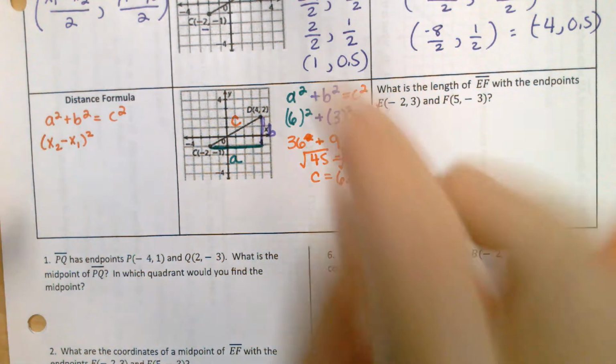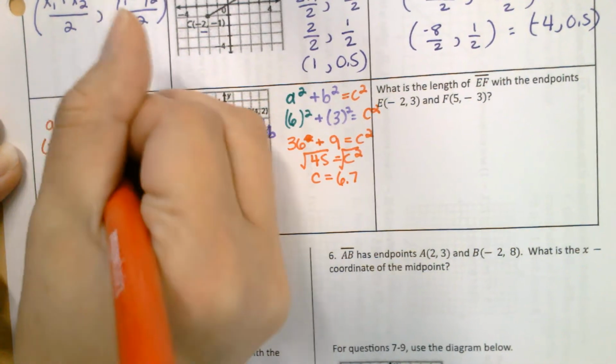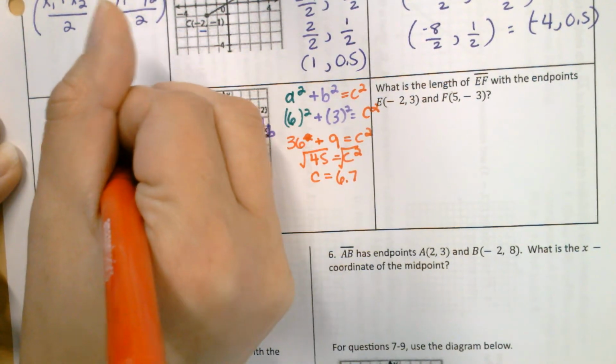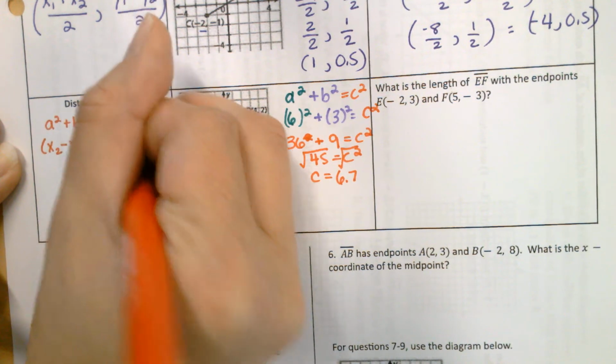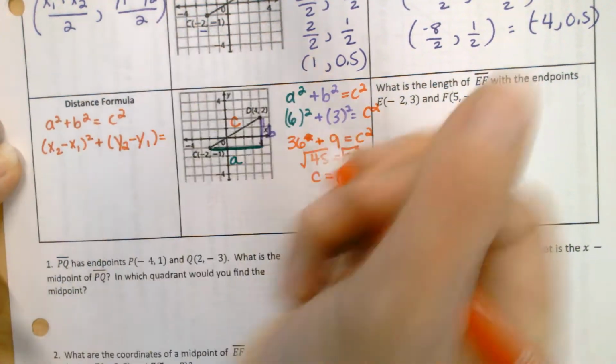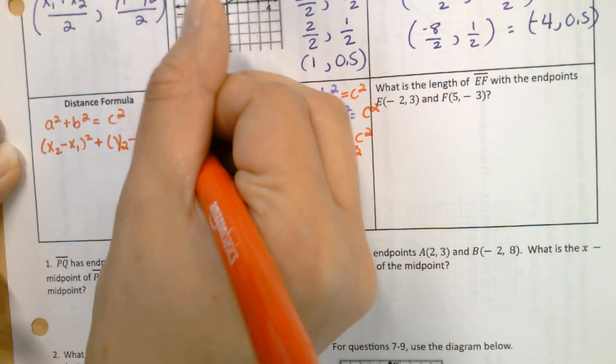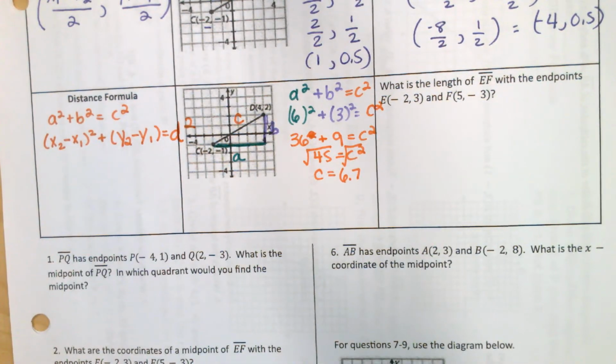Your b was your y change, so I'm going to put plus (y2 minus y1) squared, which got us c squared, which is actually my distance. So I'm going to write d squared. And then to get just the distance, regular d, we would square root everything.